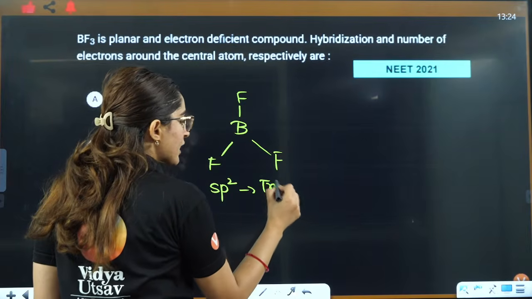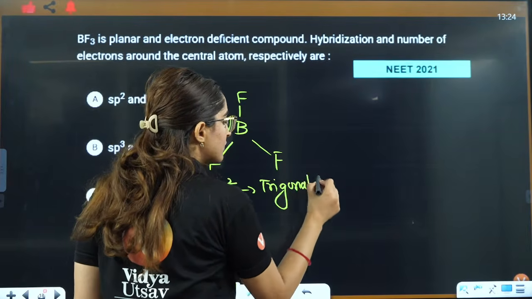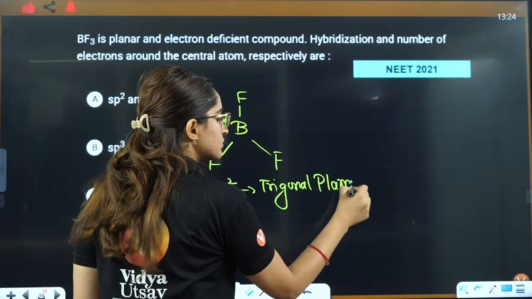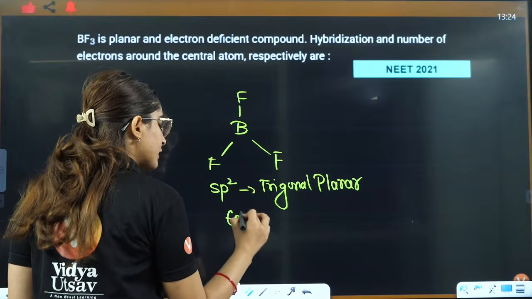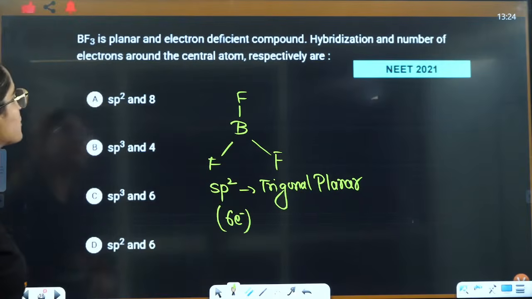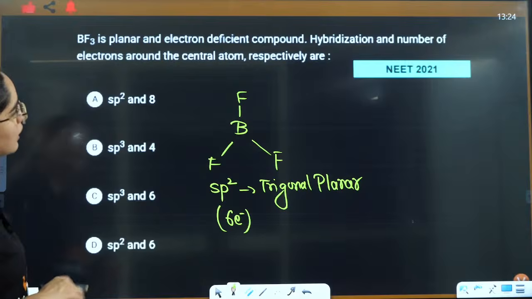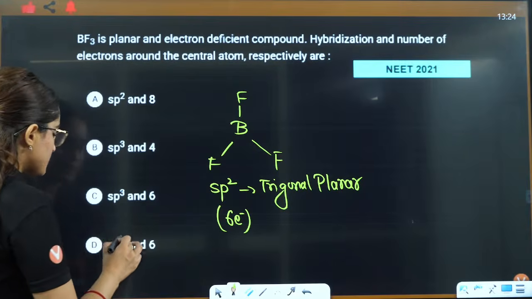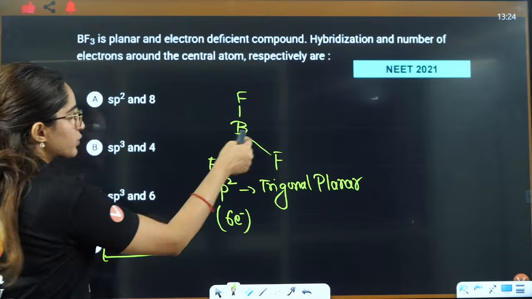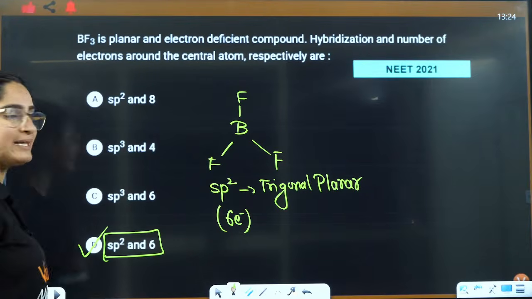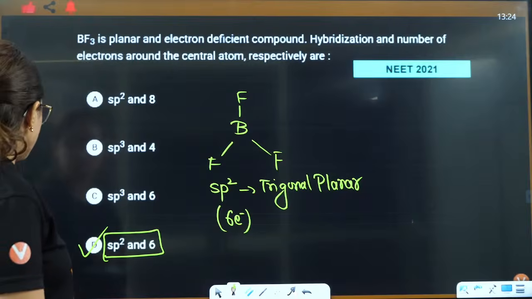It has trigonal planar geometry and shape, and there are 6 electrons that are completed here. So they are asking you hybridization, that is sp2, and there are 6 electrons overall, 1 2 3 4 5 6. So D is the correct answer here.